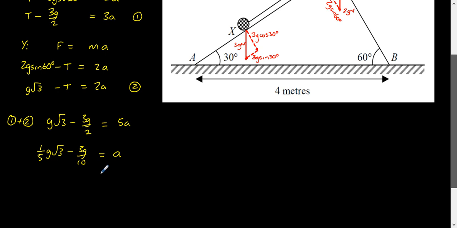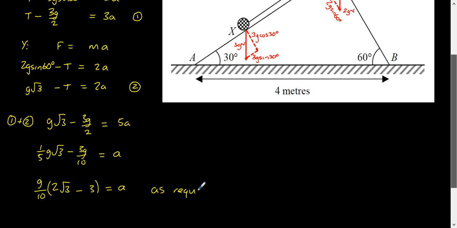And then we can just take whatever factor of g out that we can. I'm just going to say, right, let's do g over 10, because that's what we're after. So g over 10, what do we multiply g over 10 by to get 1/5 g? We multiply it by 2. And then we've got this minus 3, which is the value of a, as required.